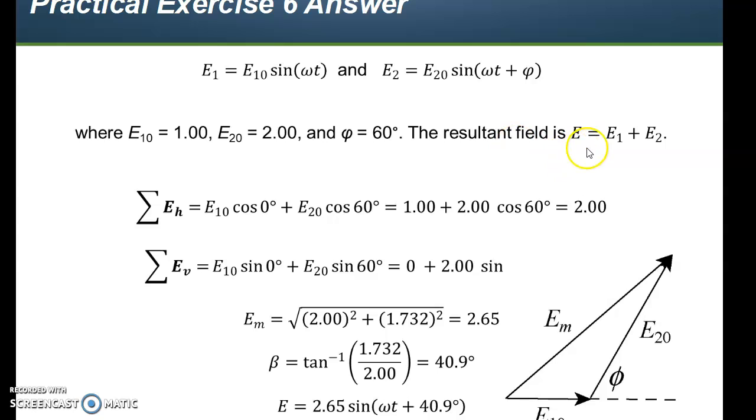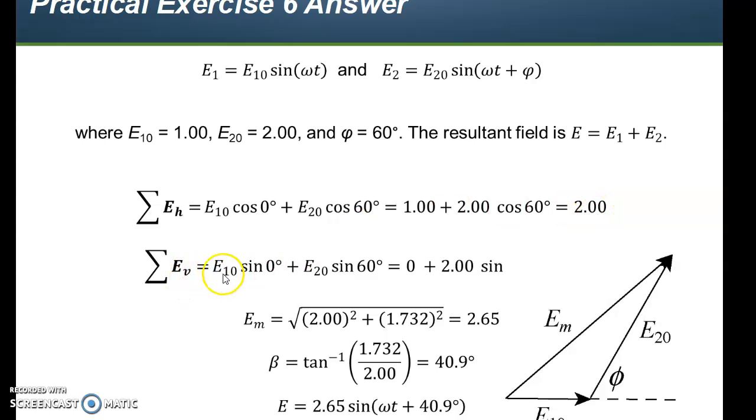So the resultant field is going to be E1 plus E2. And so the summation in the H direction is E10 cosine of 0 degrees plus E20 cosine of 60 degrees. So that is 1 plus 2 times the cosine of 60. And the cosine of 60 is 0.5. So this is going to be 1 plus 1, giving you 2.